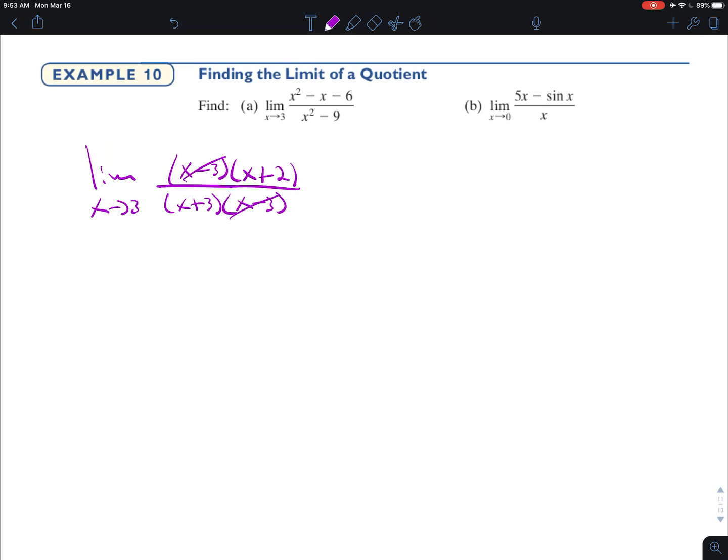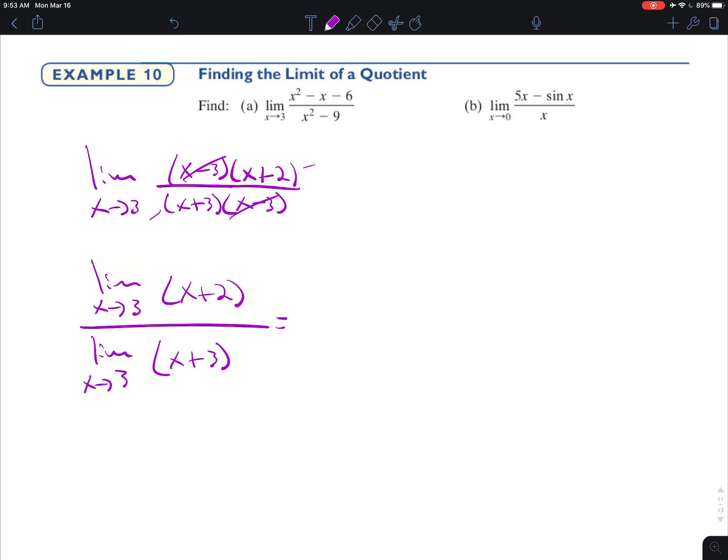So I have the limit as x approaches 3 of, in the numerator, x plus 2, in the denominator, x plus 3. So now I can take the limit of the top, x plus 2, over the limit as x approaches 3 of the denominator, which gets me 5/6.